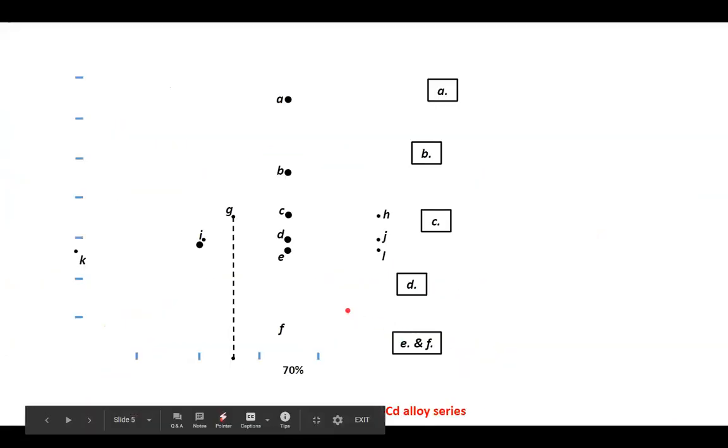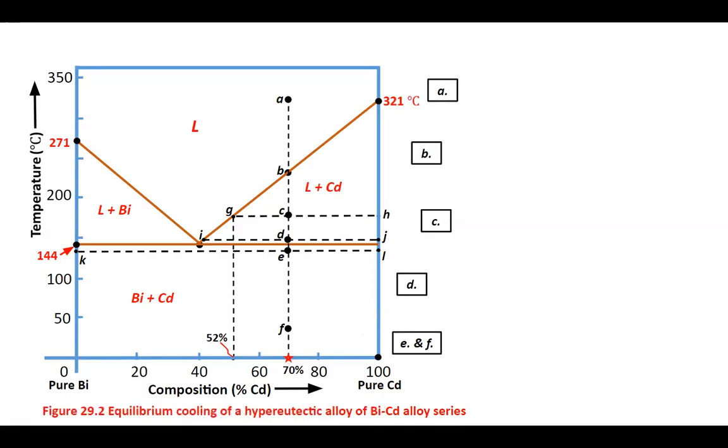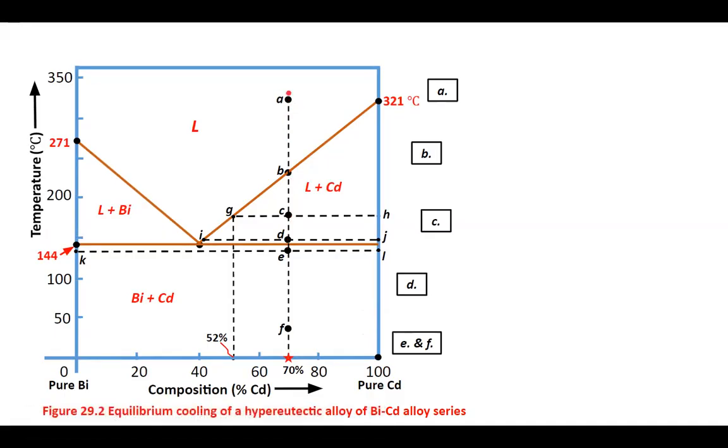Now for your illustration, let's take an alloy of 70% cadmium. To discuss its equilibrium cooling, we consider this alloy to be present at a very high temperature TA, when it would be in the molten state because it is above its liquidus temperature TB.